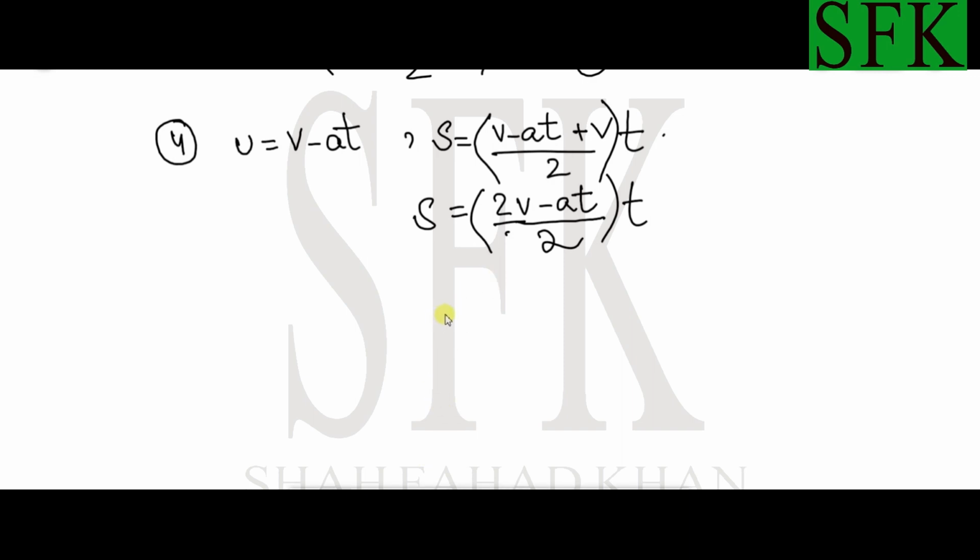Let's simplify it further. So it becomes s is equal to vt minus half at squared. This is our fourth equation that we've derived.